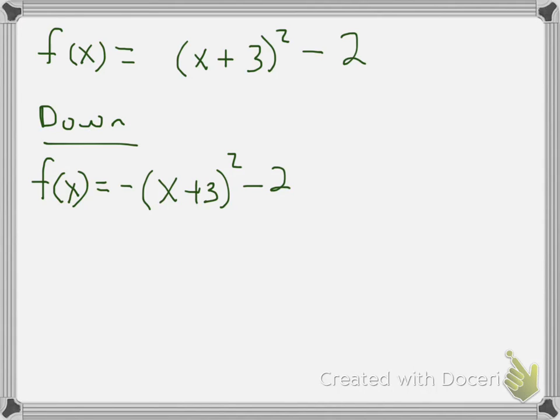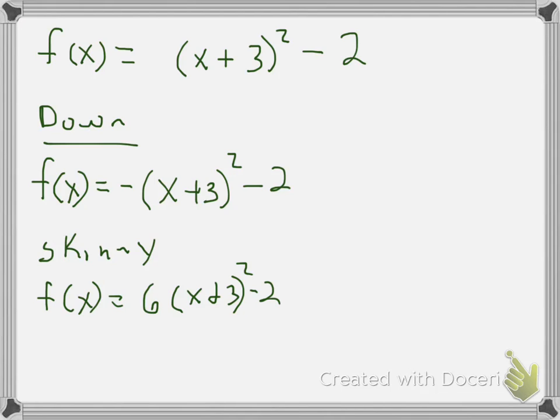Okay. If I wanted to stretch it out or make it skinnier, well, I would multiply it by a number bigger than 1: 6 times (x plus 3) squared minus 2.